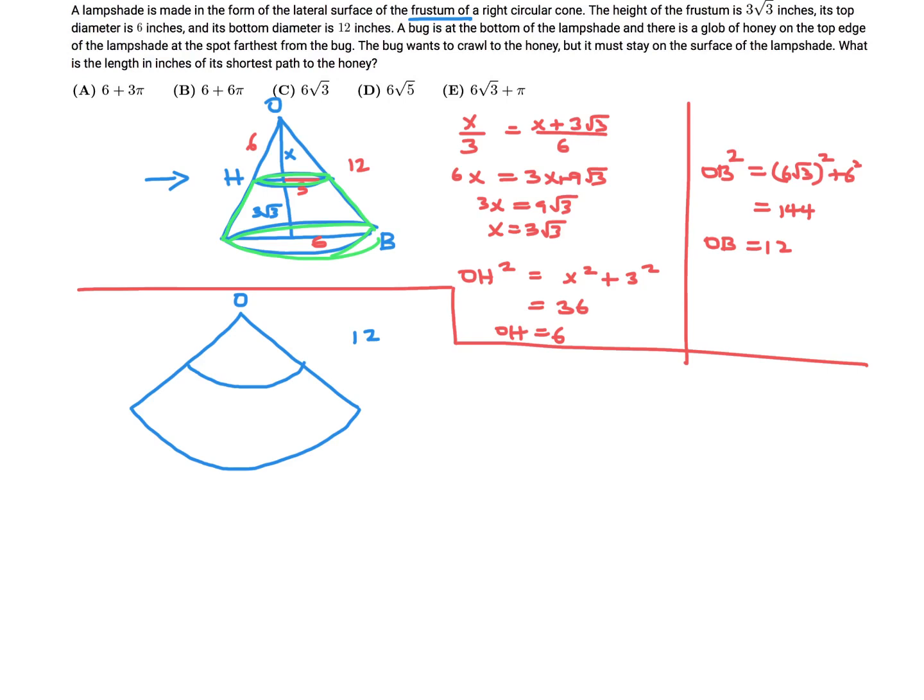Well, from here to here, that is basically the entire circumference of that circle. So circumference is equal to pi d, so circumference would be pi times diameter, which is 12 pi, that entire arc.